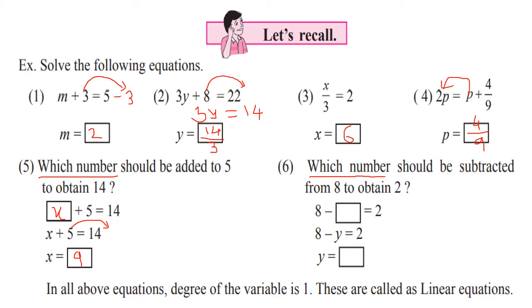So here 8 minus y is equal to 2. Down you can see the same thing written as an equation, 8 minus y is equal to 2. Then here you can see it is minus y, which is shifted this side, and at the same time 2 is shifted this side. So y will be 8 minus 2, that is 6. This way you are going to solve the sums.